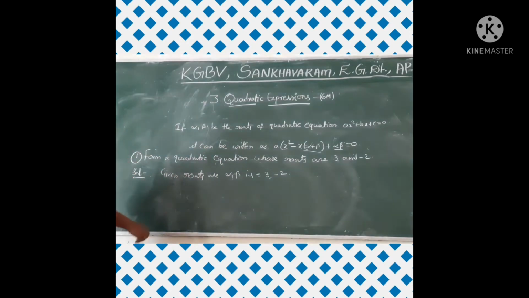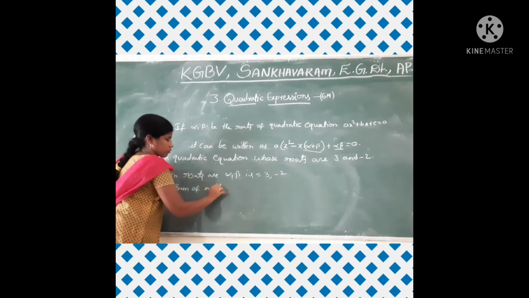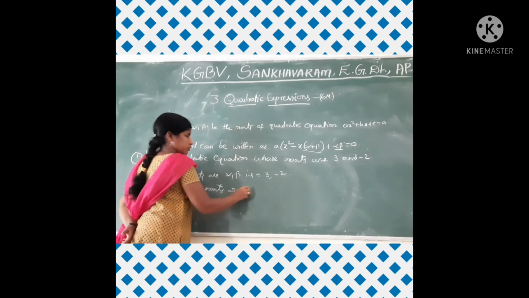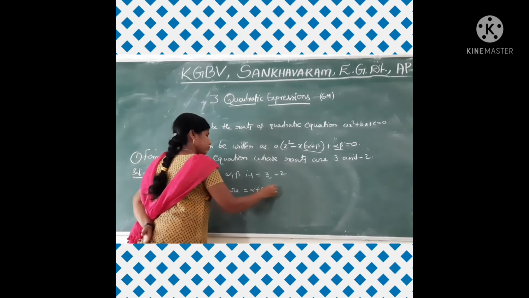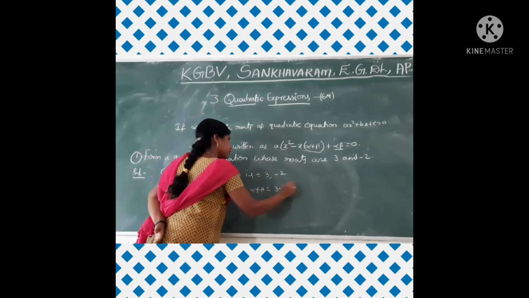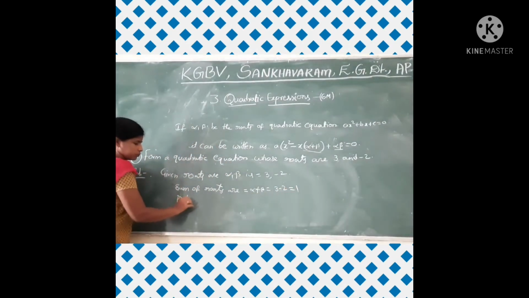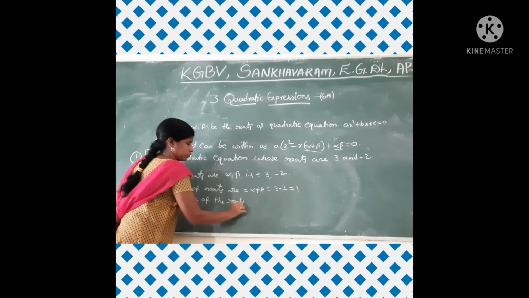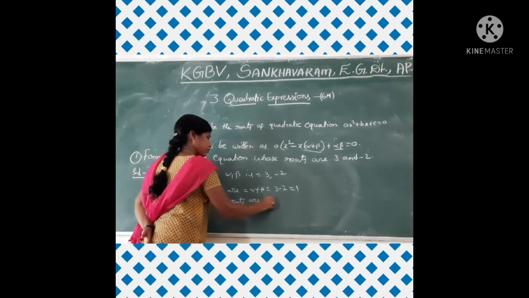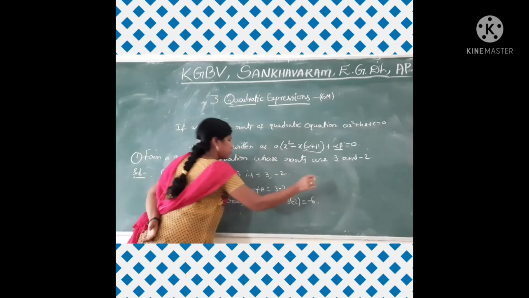Now the sum of the roots, alpha plus beta, is equal to 3 minus 2. We get 1. And the product of the roots, alpha beta, is equal to 3 into minus 2, which is minus 6.